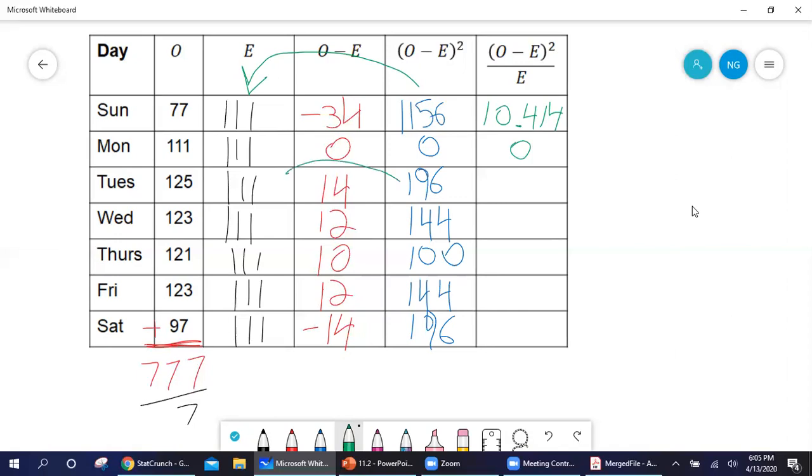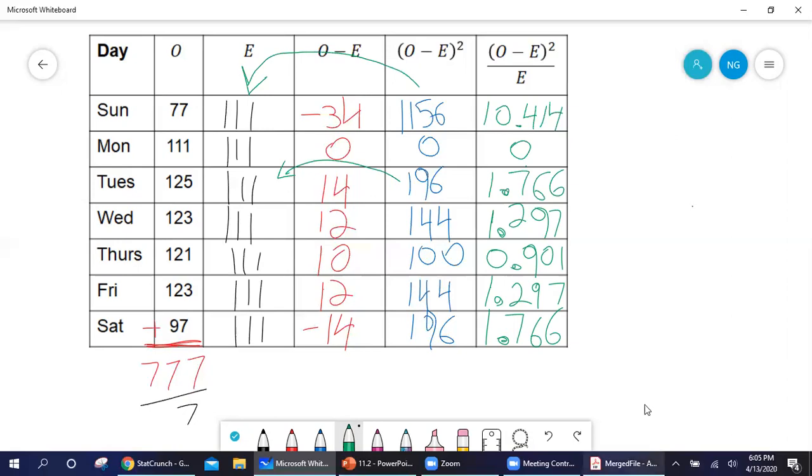Next one is 196 divided by 111. And again, I'm going to round these to 3 decimals. And as I keep dividing, I do get some repeats here. So again, that was each one of the blue numbers divided by 111.